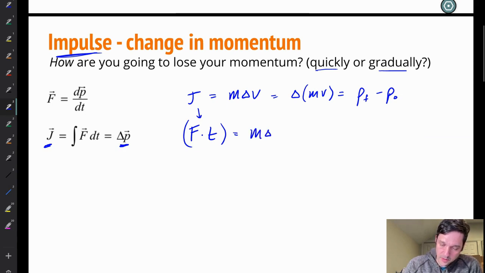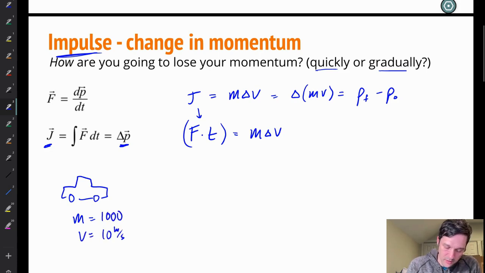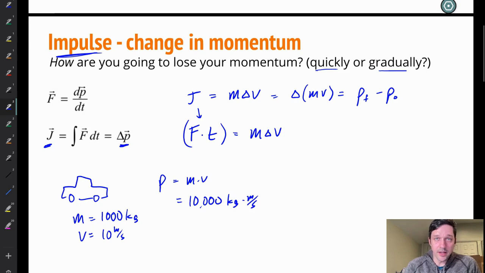So imagine, for example, you're in a vehicle going 10 meters per second. You've got a velocity of 10 meters per second and a mass of, let's use easy numbers, 1,000 kilograms. So the momentum your vehicle has is mass times velocity, which would be 10 times 1,000, 10,000 kilogram meters per second. It is not an elegant unit.